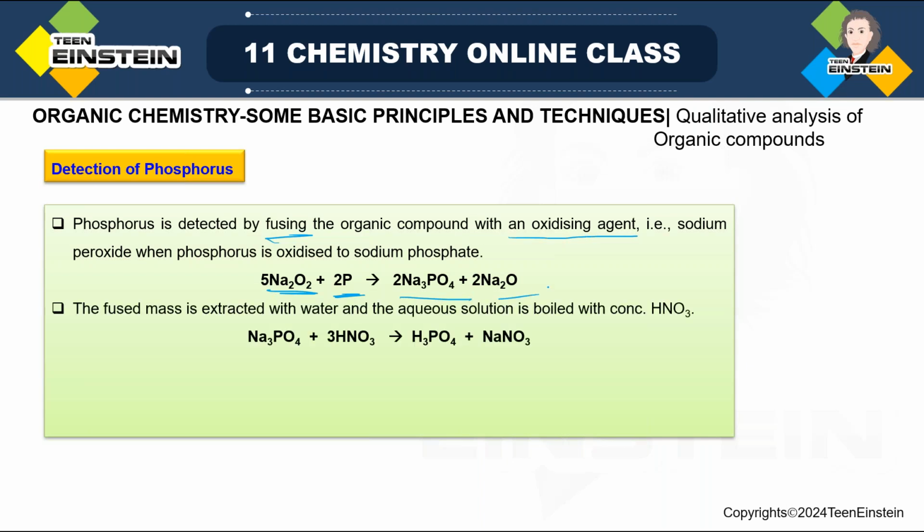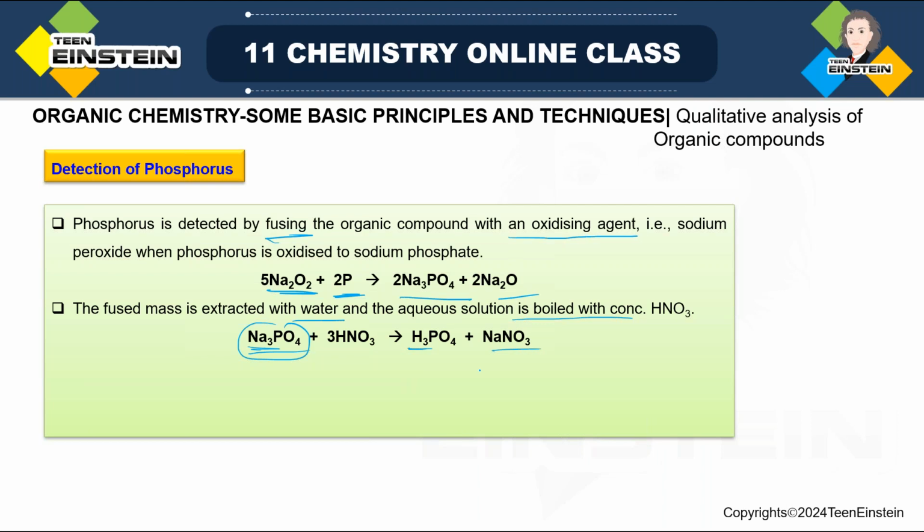Now the fused mass is extracted with water, and the aqueous solution is boiled with concentrated HNO3. So this Na3PO4 reacts with nitric acid, and the sodium ions are replaced by H. So now you have H3PO4. This is a byproduct. Fine.